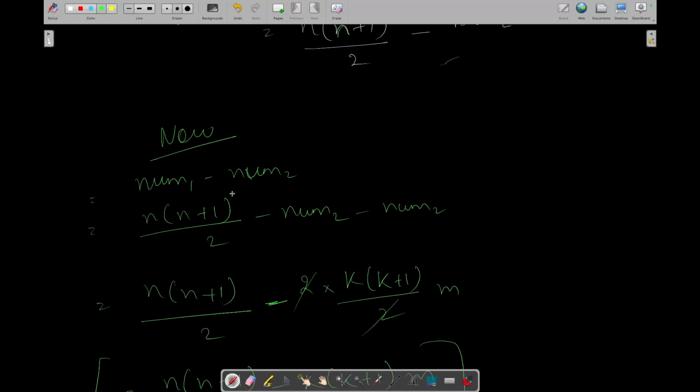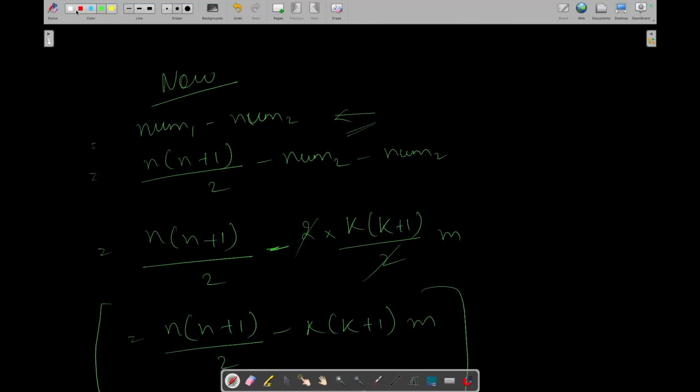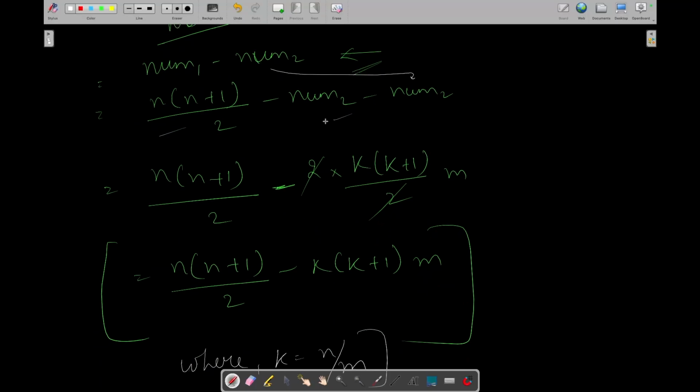Now we can simply find the value of num1 minus num2, where num1 is the sum of natural numbers minus num2, and then this minus num2, right? Let's substitute the value of num2, which was k into (k plus 1) by 2 into m, and it will add up to 2 num2.